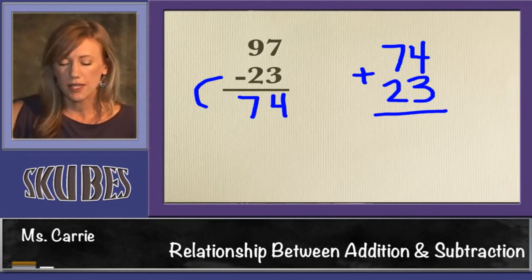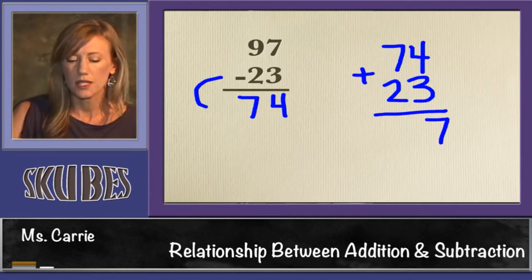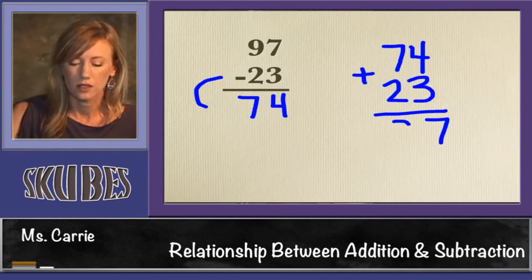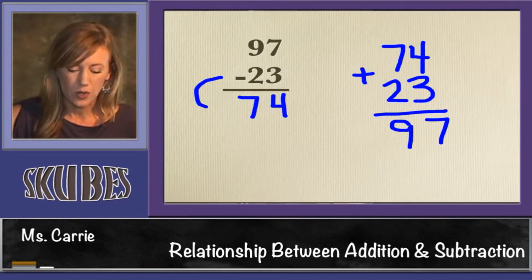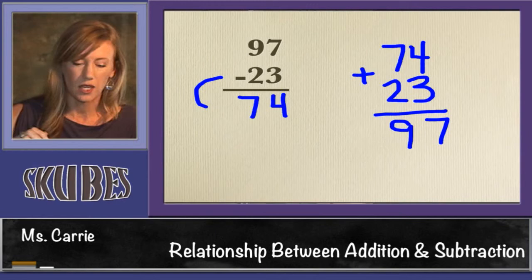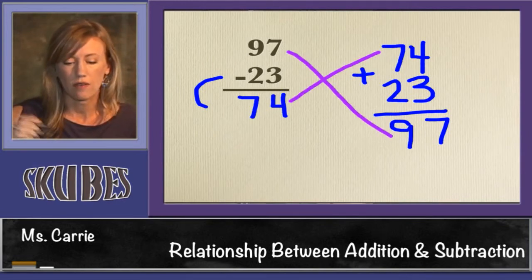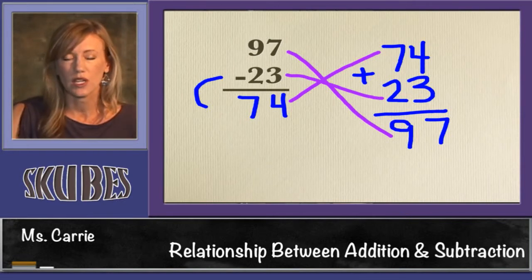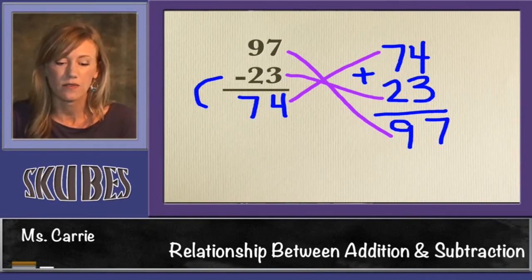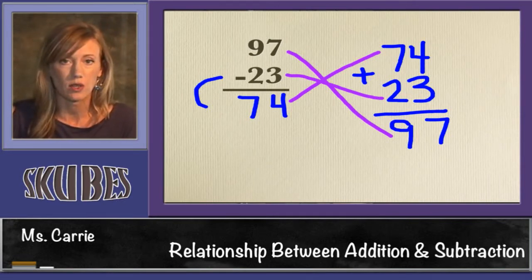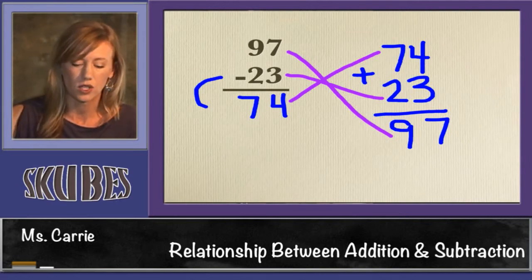Well, 4 plus 3 is 7, and 7 plus 2 is 9. Let's see if our numbers were in the same fact family. 97 and 97, 74 and 74, 23 and 23. They are in the same fact family. That's the relationship between those two numbers with addition and subtraction.